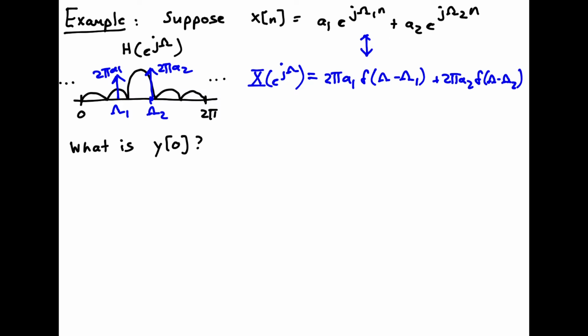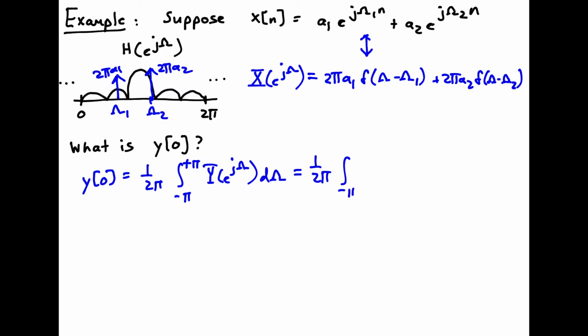So now I can use my formula that I derived on the previous page to find y of 0, right? y of 0 is going to be equal to 1 over 2 pi, the integral from minus pi to plus pi, y of e to the j omega, d omega. Well, that's the same as 1 over 2 pi, the integral from minus pi to plus pi, h of e to the j omega times x of e to the j omega, d omega, because that's my equation for y.